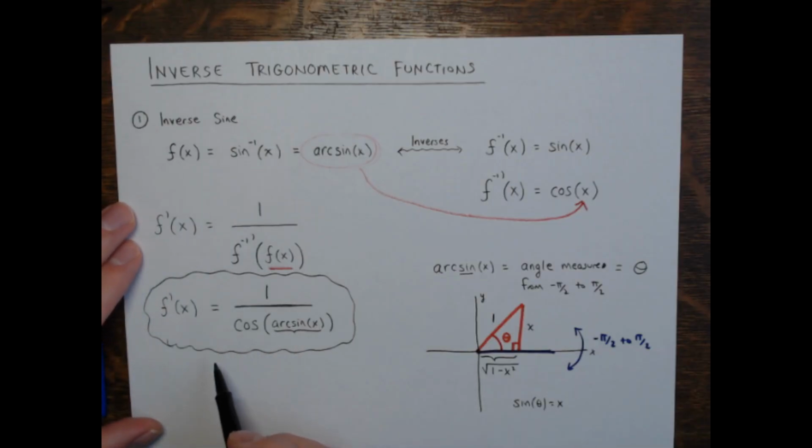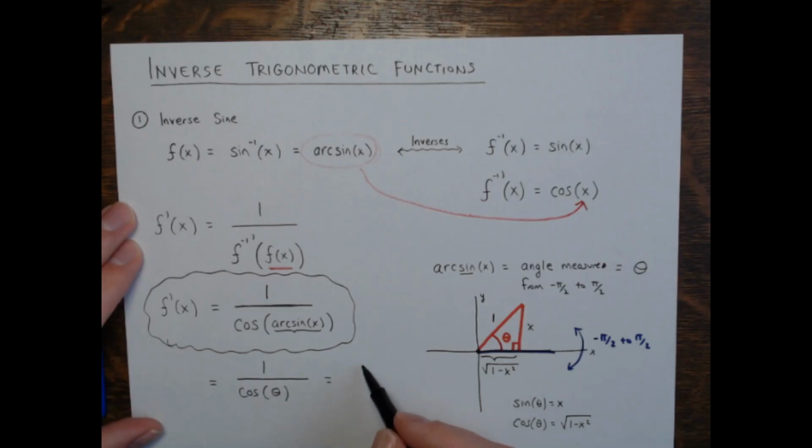Now, looking at this picture, see how we're asked to determine 1 divided by the cosine of this inverse sine of x, which I called theta. And if you go to the picture, the cosine of theta in this right triangle, remember that's adjacent over hypotenuse. So that's the square root of 1 minus x squared, over 1.